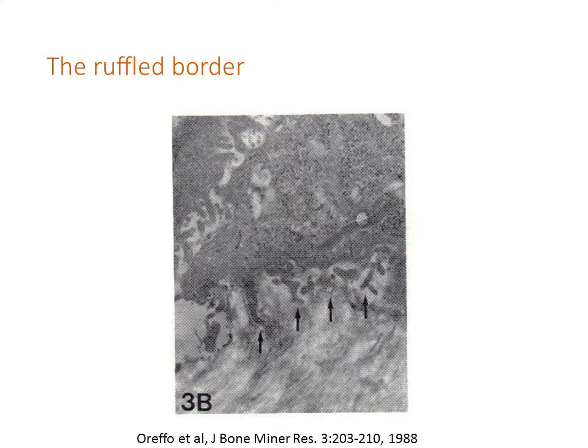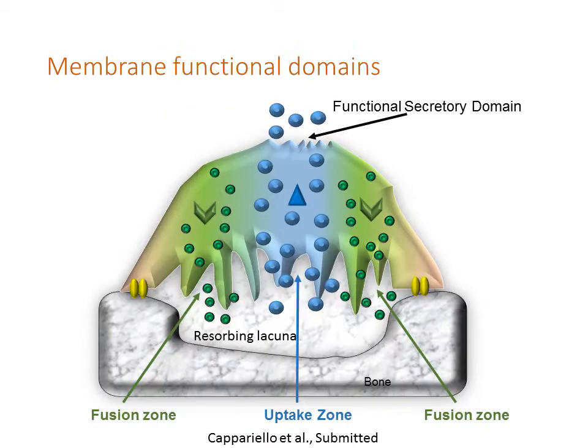The ruffled border is formed by a number of irregular protrusions. Here it has been demonstrated, especially by the group of Kalervo Väänänen, that in the ruffled border there are at least two subdomains. The external domain is called the fusion zone because here intracellular vesicles, especially lysosomes, are secreted by the cell into the underneath extracellular environment that is called the resorbing lacuna.